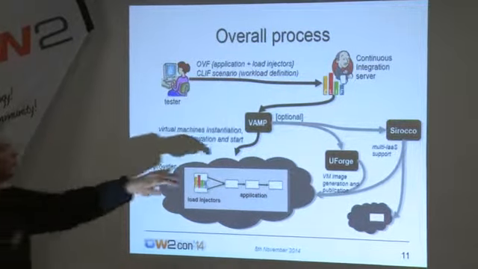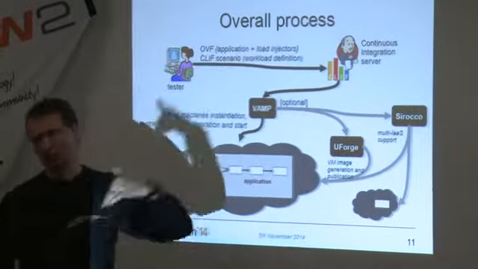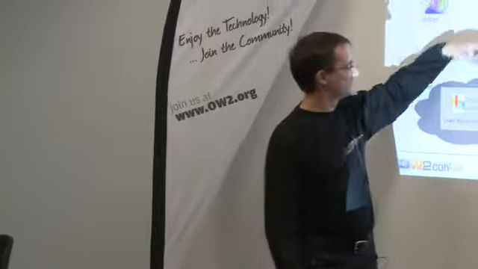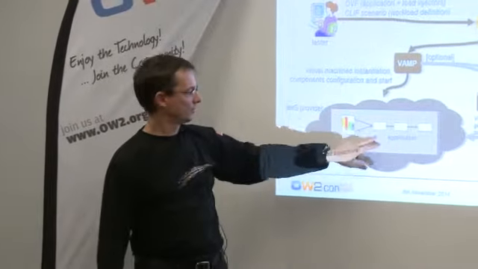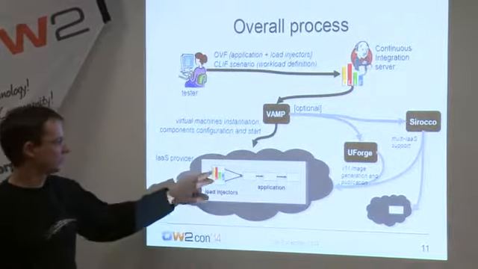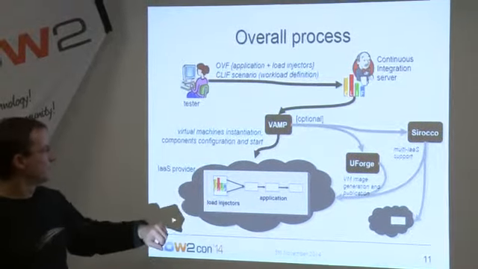This is pushed to the continuous integration server, either directly or through some SVN or Git repository. And then the continuous integration server will trigger a test by asking VAMP to deploy this description, with, in our case, the 3-tiered application and the 2 load injectors.